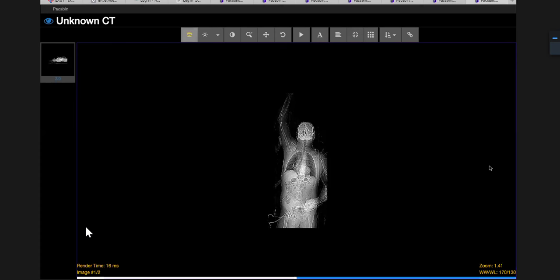How we do it, we do an unenhanced head. Some places do an unenhanced C-spine as well, which I prefer because it reduces the artifact from the contrast in the vessels. But we've changed our protocol recently, so now we do an arterial neck and chest. Then we give that second bolus, and then we scan the abdomen and pelvis.